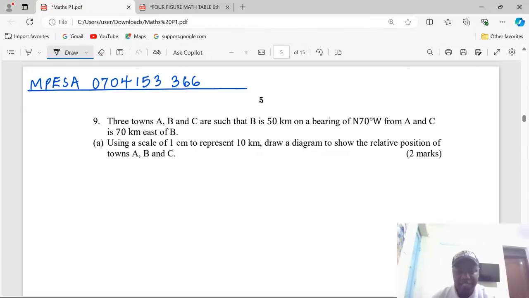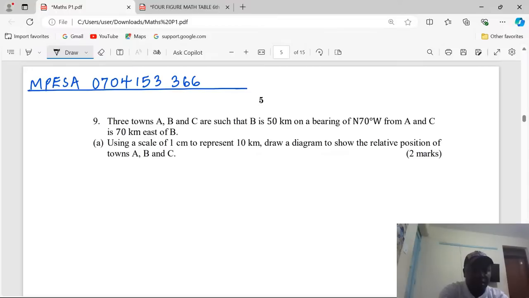But once we sketch it together, during your own time you can come up with the actual scale diagram, and you shall be in a good position.